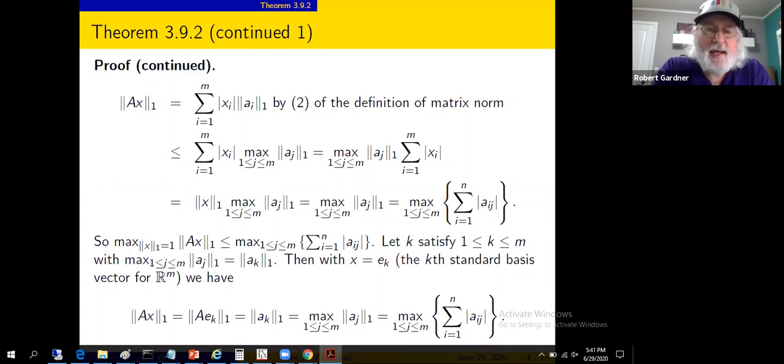Well, e sub k is a bunch of zeros, except in the kth position where there's a 1, and then a bunch more zeros. So when we take a linear combination of the columns of A with all these zeros and that 1, that's just going to leave you with the kth column of matrix A. So by substitution, performing the matrix multiplication, we get A sub k, the column vector, out.